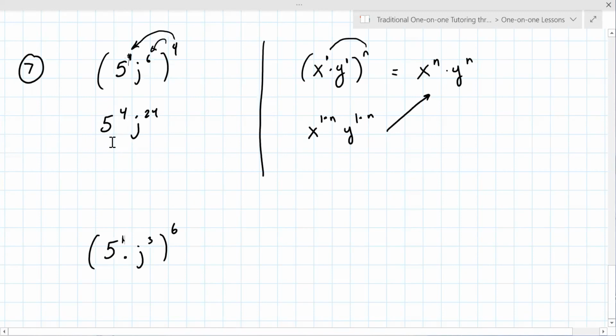Why did it become that? Because 1 times 4 is 4. Oh, I see. So it's 5 to the power of 6, and then you do 6 times 3, which is 18.